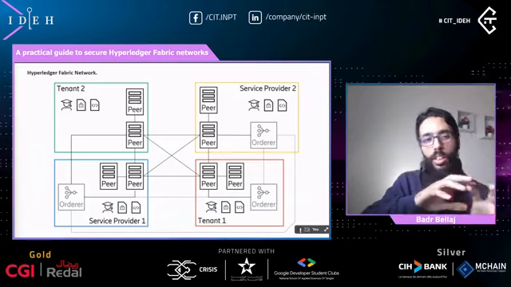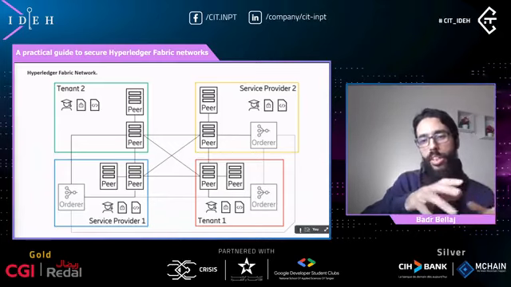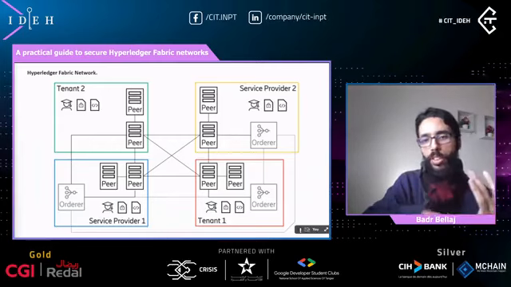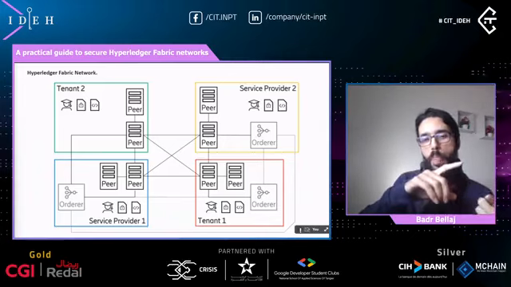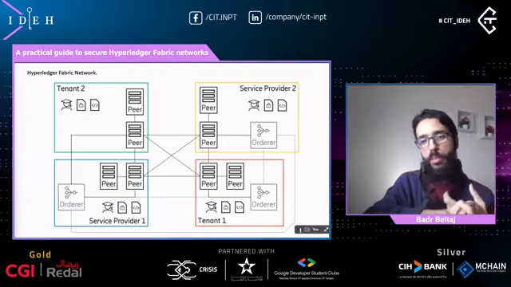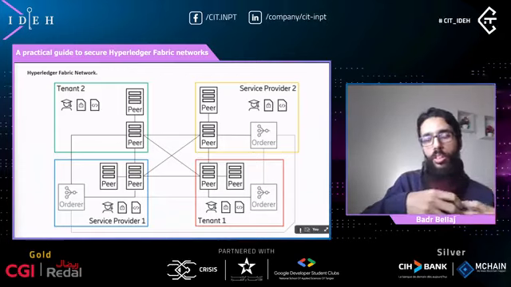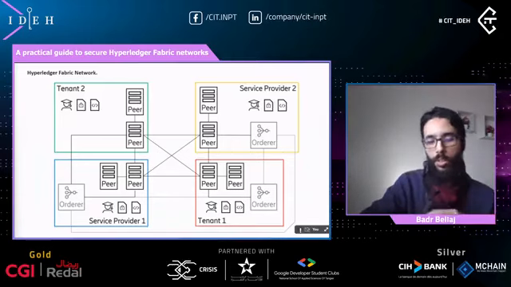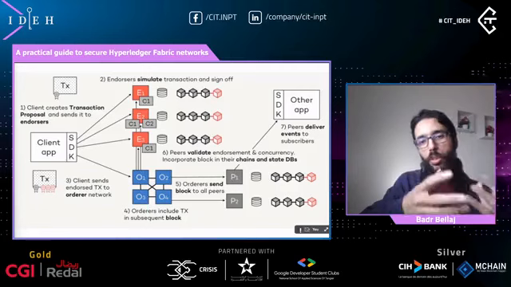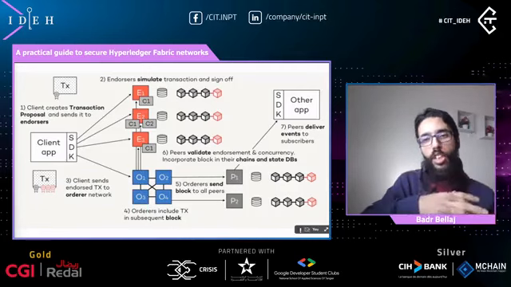Inside each of these boxes or organizations, we can distinguish major components such as peers or peer nodes, clients or applications, ordering services, the membership service, and chaincode. Chaincode is the term used by Hyperledger Fabric to designate a smart contract, but basically a chaincode is a smart contract. Each of these components has a unique role for different purposes.